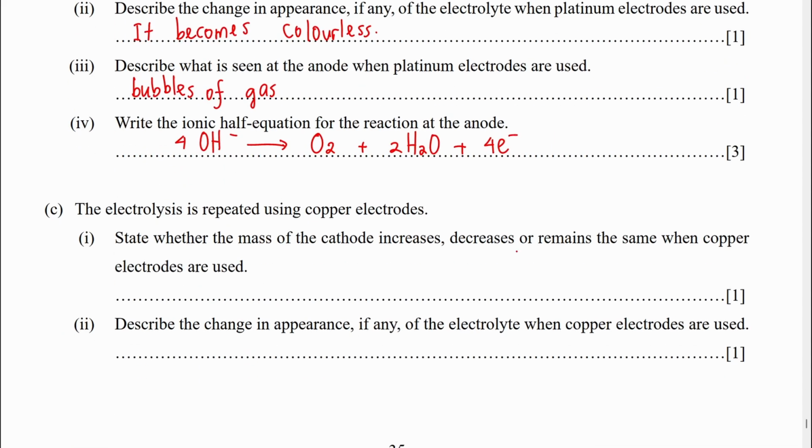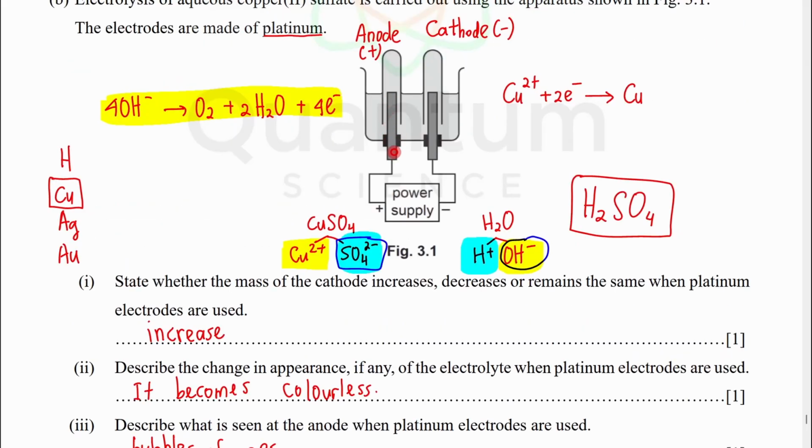Next, the electrolysis is repeated using copper electrodes. State whether the mass of the cathode increases, decreases, or remains the same when copper electrodes are used. Again, if everything is copper, it is just the same with the movement of ions from positive to negative, right?